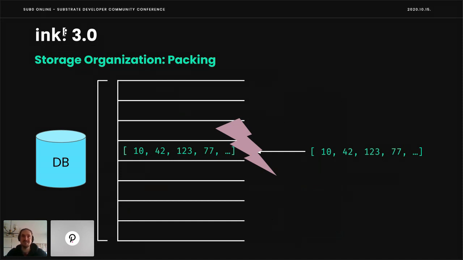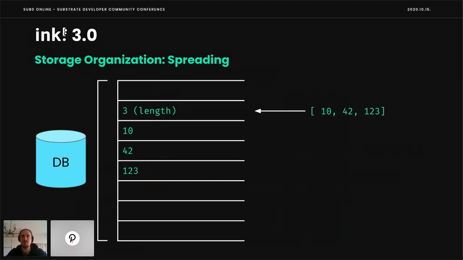So what we would do instead is we would use a spreading layout where we spread every element into its own cell and store a length into yet another cell.